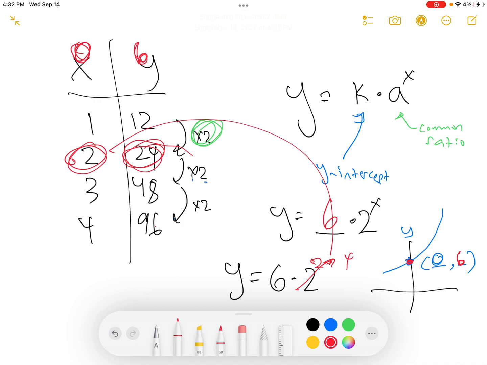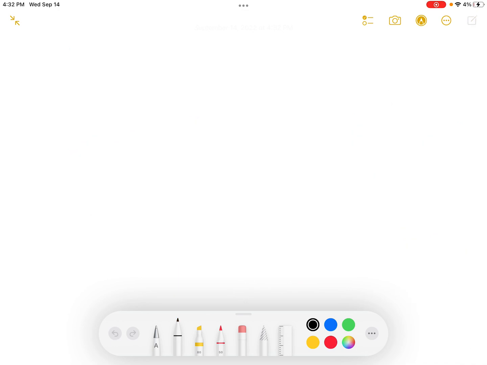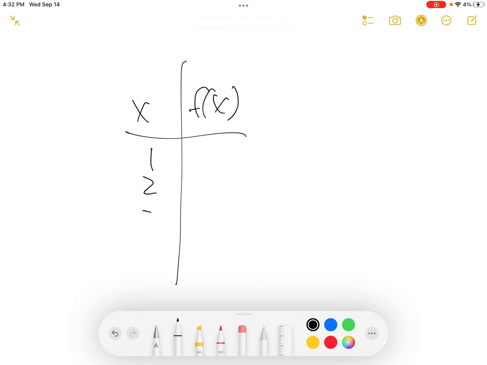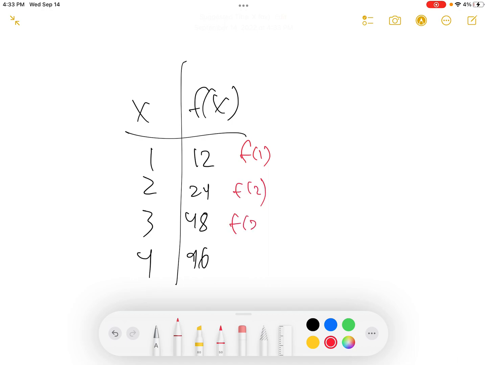Okay, now let's talk about recursive. I'm just going to make a new table here. 1, 2, 3, 4, and we've got 12, 24, 48, 96. Let's call this f of 1, this is f of 2, this is f of 3, this is f of 4.